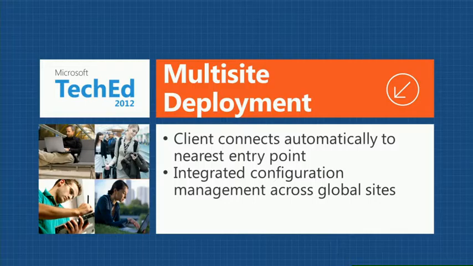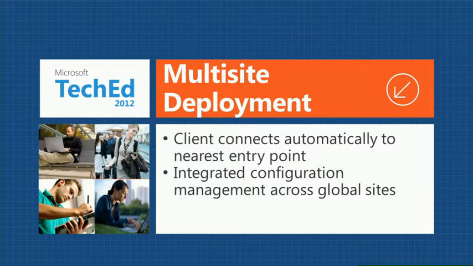Right, so switching gears, let's talk about multi-site. Multi-site is essentially the scenario where you've got an enterprise with a global presence, and they need entry points into their corporate network that are geo-distributed.